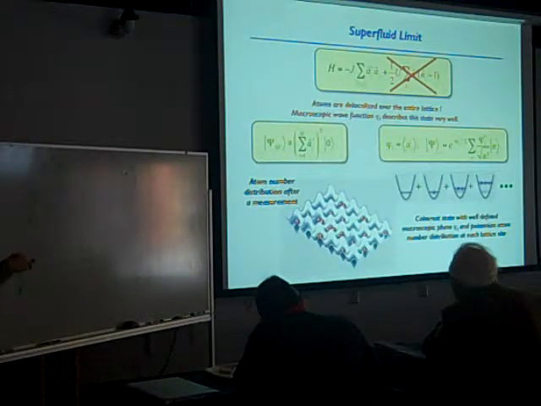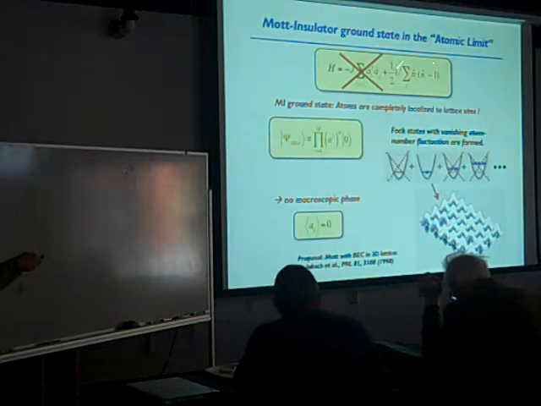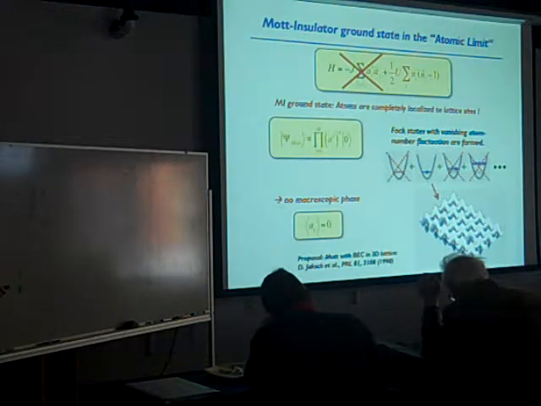Let's continue. What happens now if you have strong interactions? Well, it's easy to see. If the atoms strongly repel each other, these fluctuations in atom number become energetically very costly. You don't want that, right? Think about it. If you have one atom on average, and the atoms strongly repel each other, what's the state of lowest energy then? If the interaction is dominant, well, exactly one atom, right?